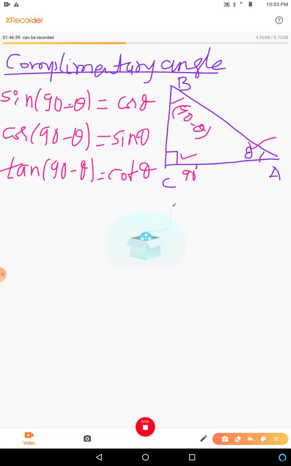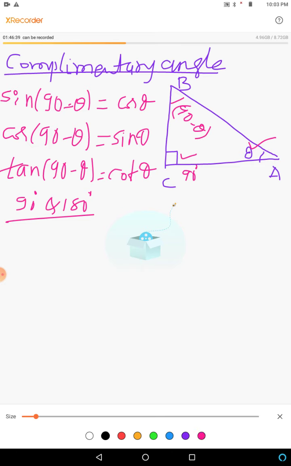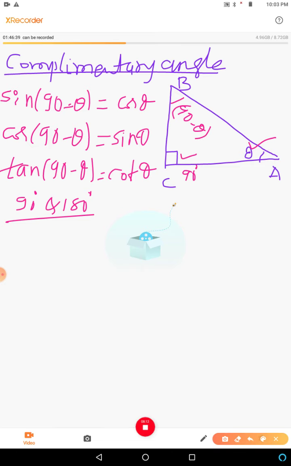Also we have angle ratios between 90 degrees and 180 degrees. What is the relation for angles beyond 90 degrees? So sin of 90 plus theta. Sin of 90 minus theta is cos theta, and sin of 90 plus theta is also cos theta. Next, cos of 90 plus theta.